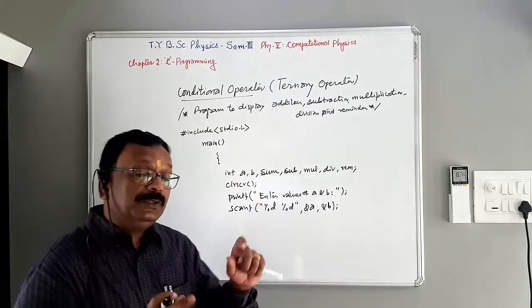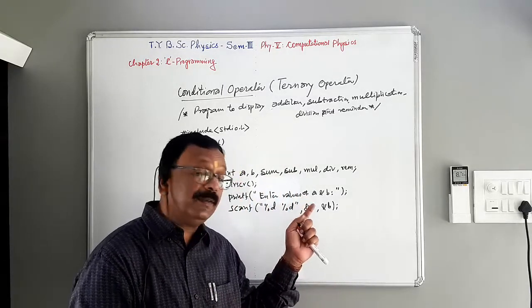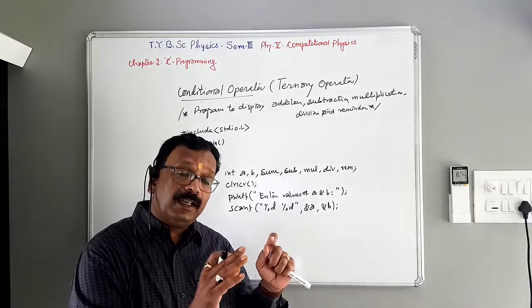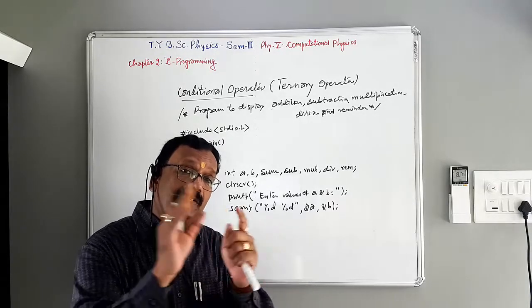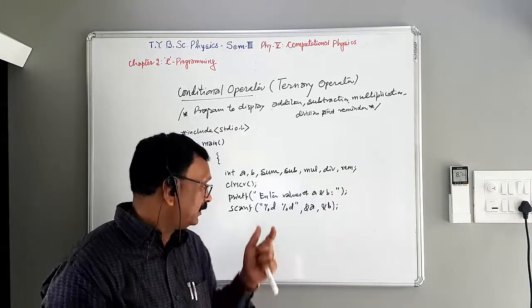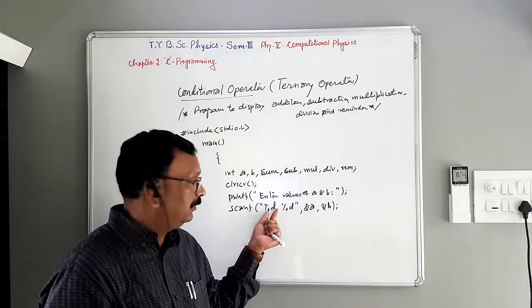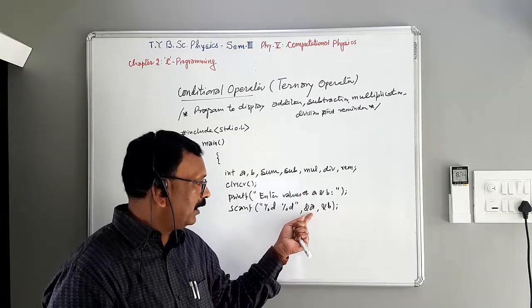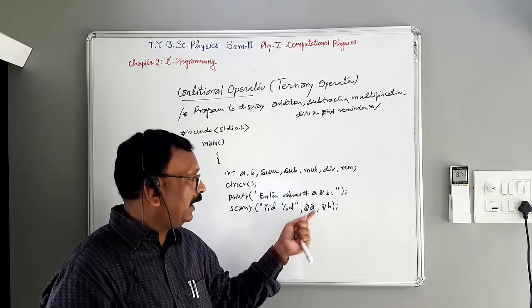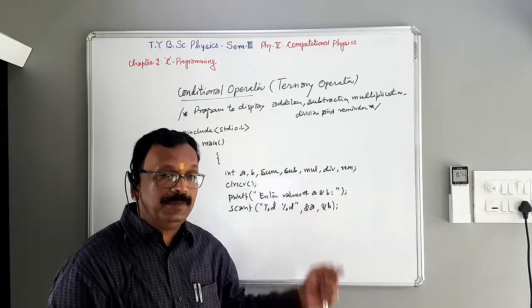In this way, when the user supplies the values of A and B through the keyboard, those values are stored in memory. Then scanf reads the control string, that is the integer type string, and here we give the address of A in memory and the address of B in memory.